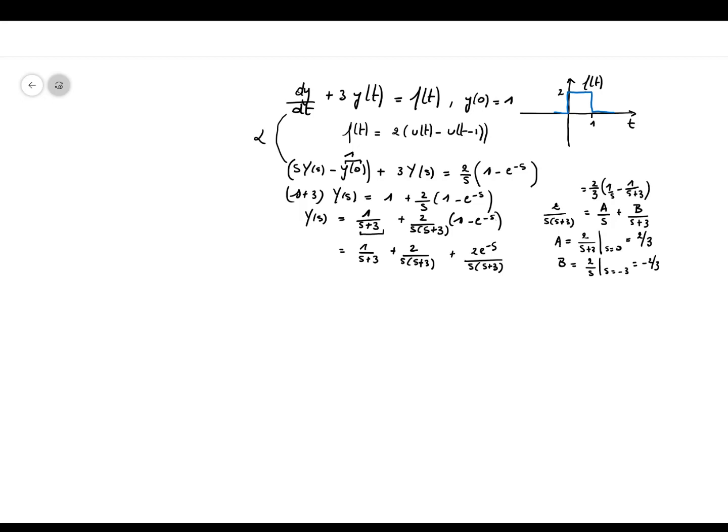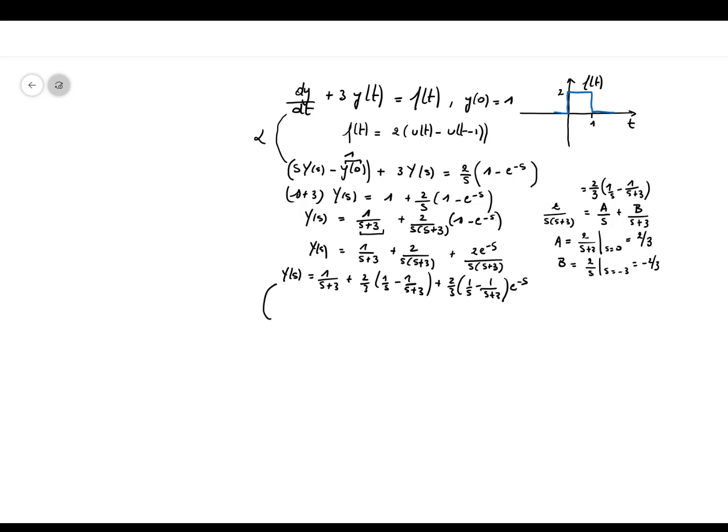So now what do we have here? This is still Y(s). We'll have Y(s) is equal to 1 over s plus 3 plus 2/3 times (1 over s minus 1 over s plus 3) and plus 2/3 times (1 over s minus 1 over s plus 3) times e to the minus s.